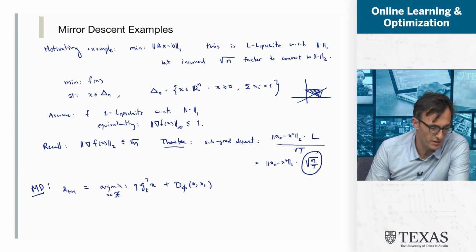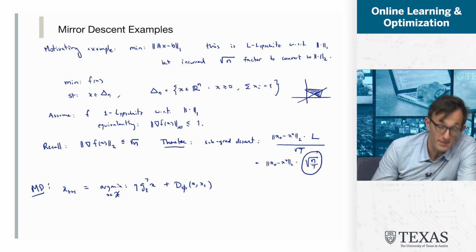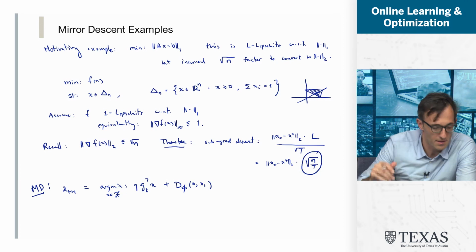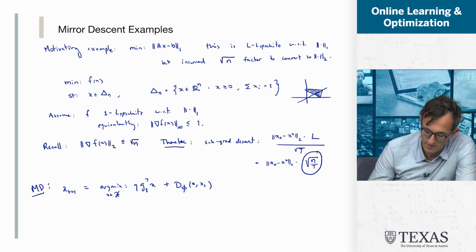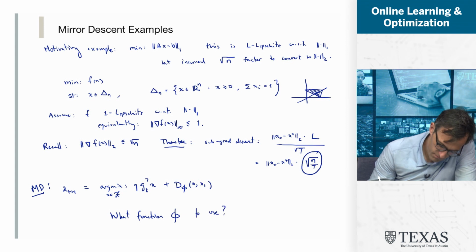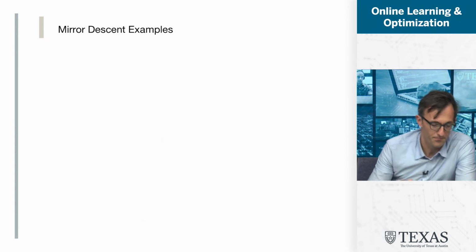So what phi are we going to use? We need the right choice of it. This is part of the challenge of appropriately implementing and using mirror descent. I need to use something that's appropriate for my geometry here.